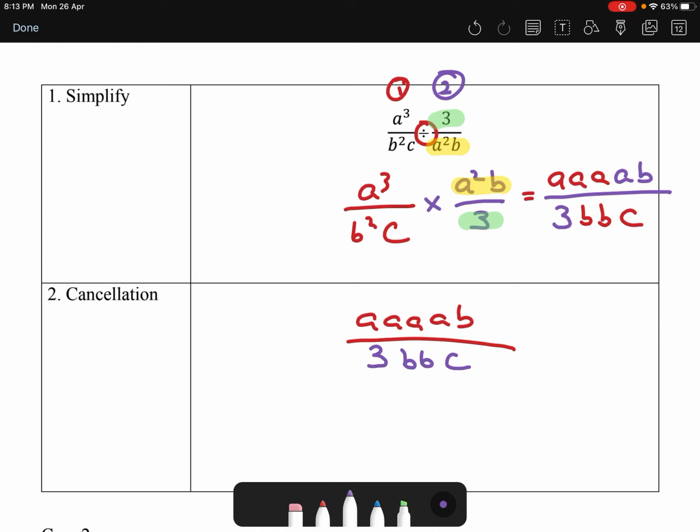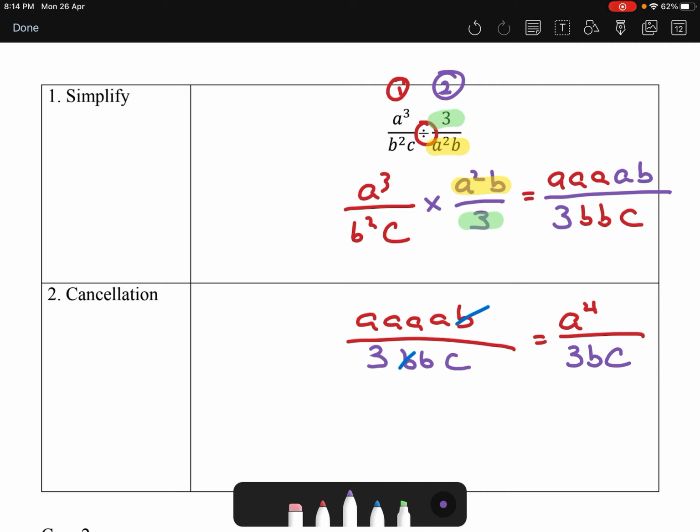I cancel what is common between the top and the bottom. At the top, I cannot cancel a because a is only at the bottom... sorry, only at the top; the bottom doesn't have a. But I can cancel b, because there's one b here and one b there. No more, because c is only at the bottom. So I just put back the final form: a to the power of 4 over 3bc.